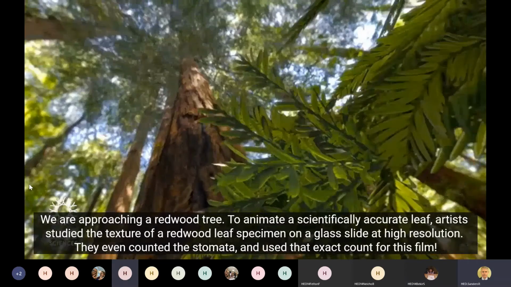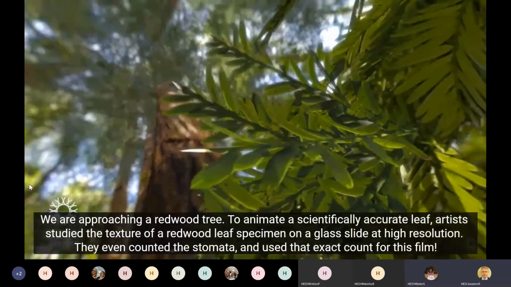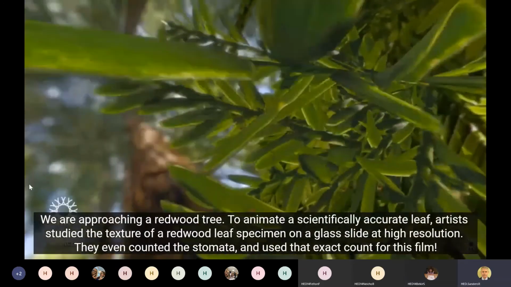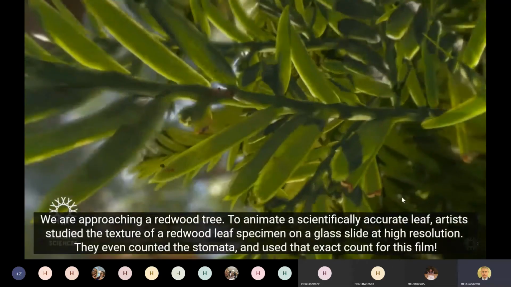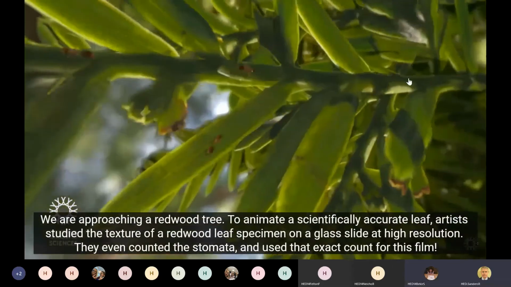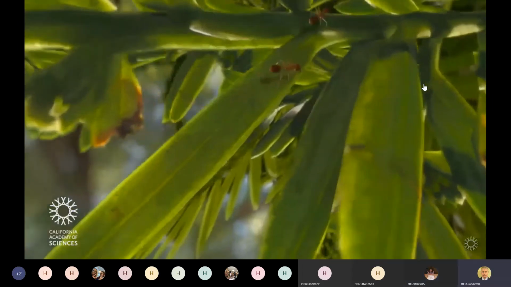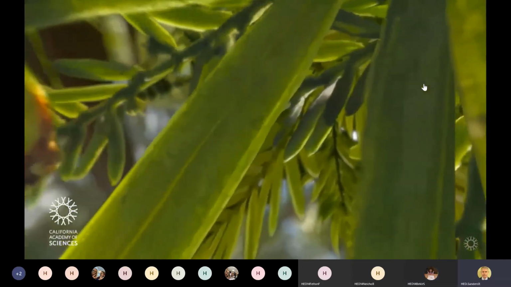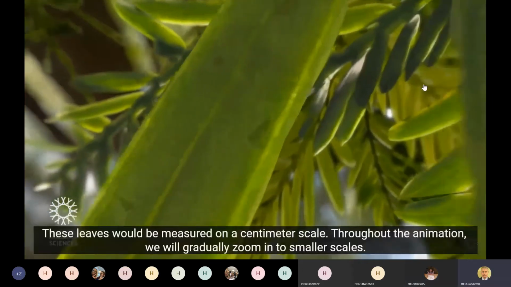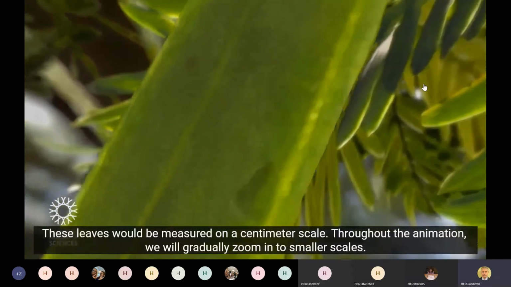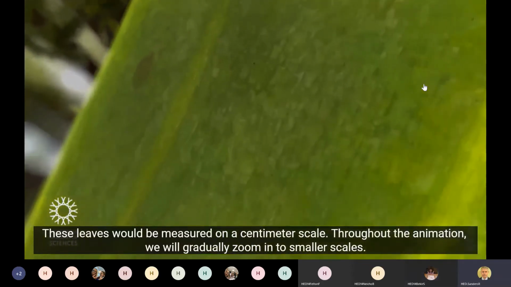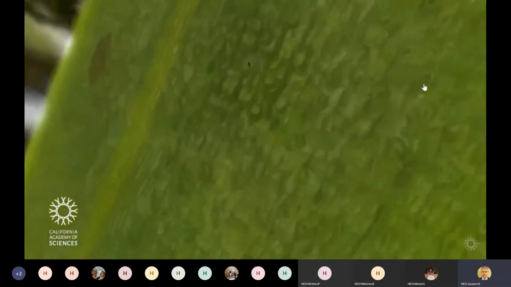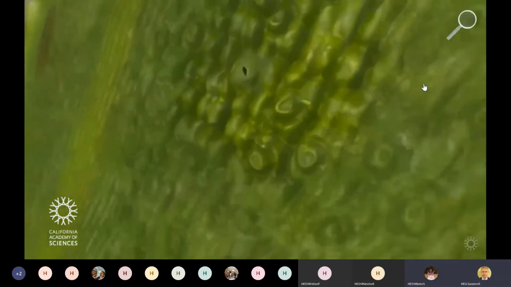It is actually a scientific animation, so they're trying to reproduce what goes on. I might provide a bit of narration, but they are actually telling you what's going on. It only lasts a few minutes. We're going to pop through a stomata in a minute.